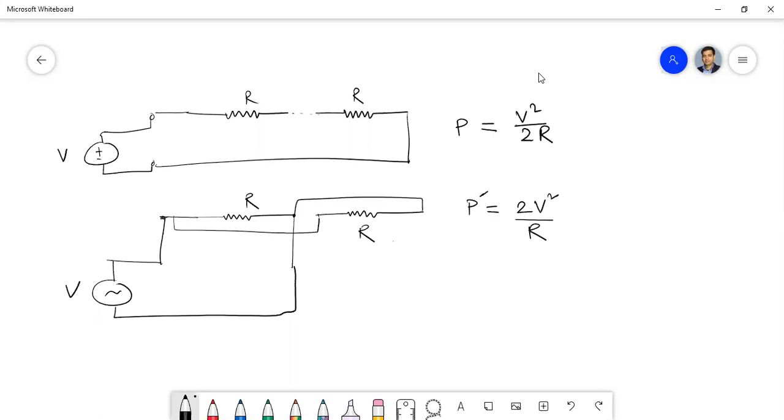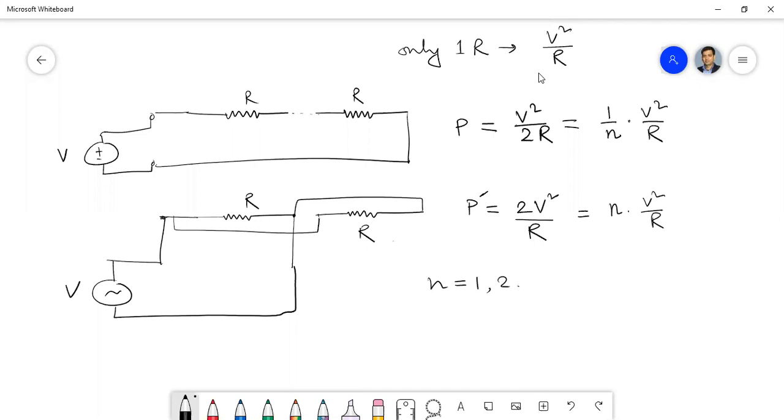Now, if I have only one element, then what amount of heat can I get? V squared by R. So if that is the unit of heat generated, in this case I am getting 1 by n times of V square by R. And here I am getting n times of V square by R. Okay, so in this way, I can vary the n.